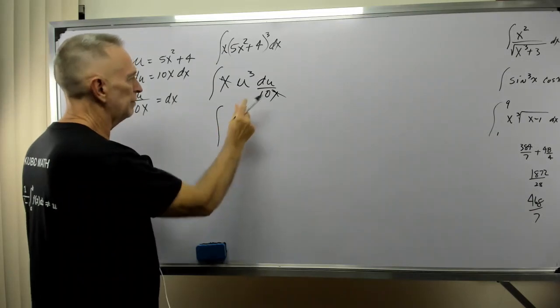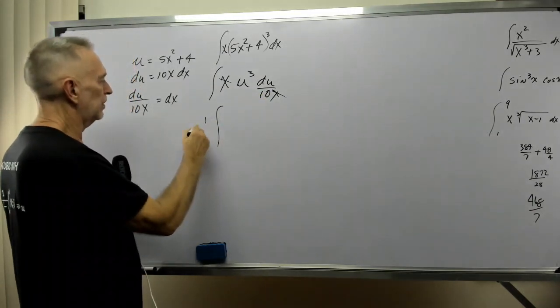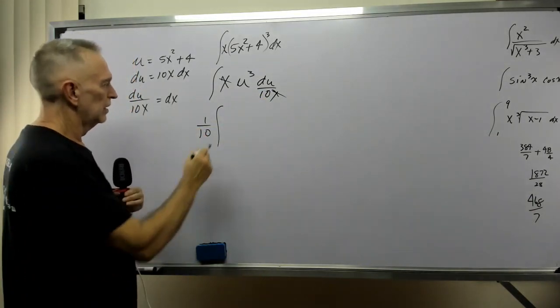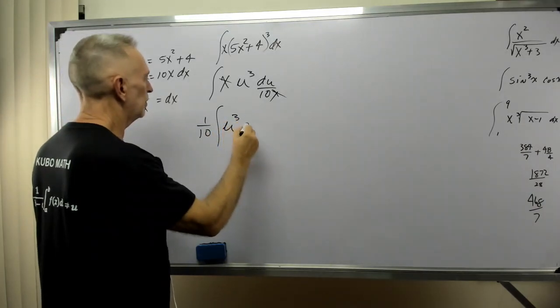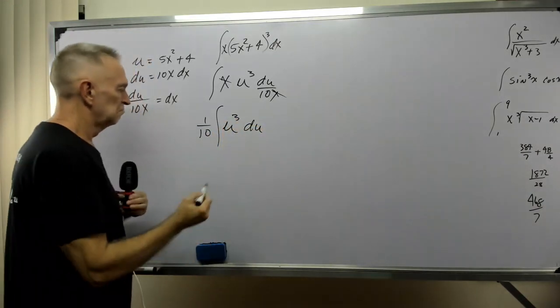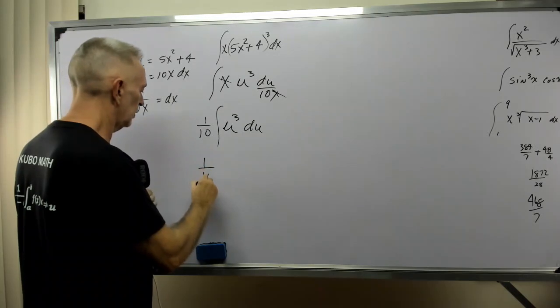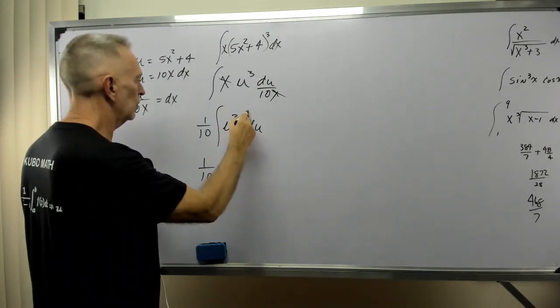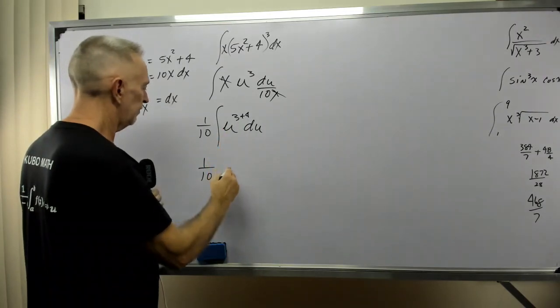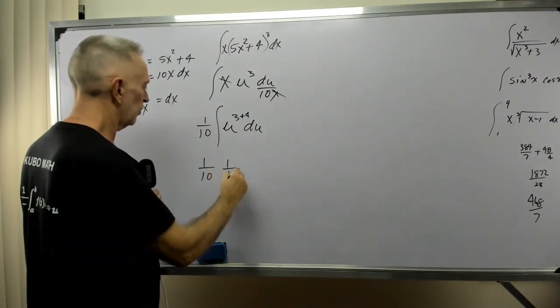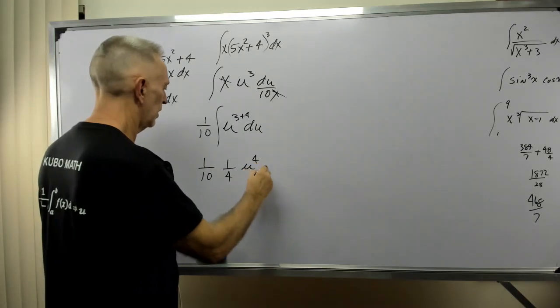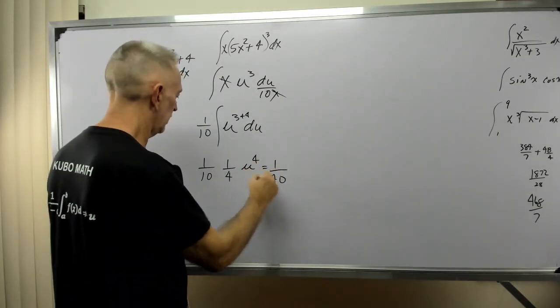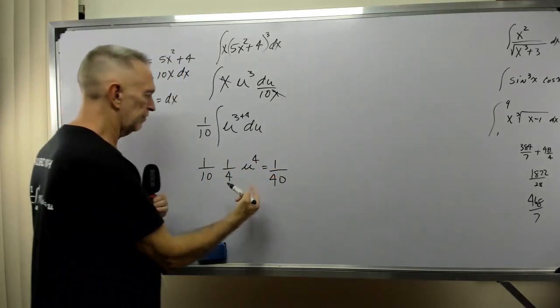So what does that leave me with? I'm going to bring that 1/10 over here so I don't lose it. u cubed du. Okay, so I end up with 1/10 times u to the 3 plus 1 is 4, and divide by 4 or multiply by 1/4, u to the 4th. So that's 1 over 40, 1 times 1, 10 times 4.